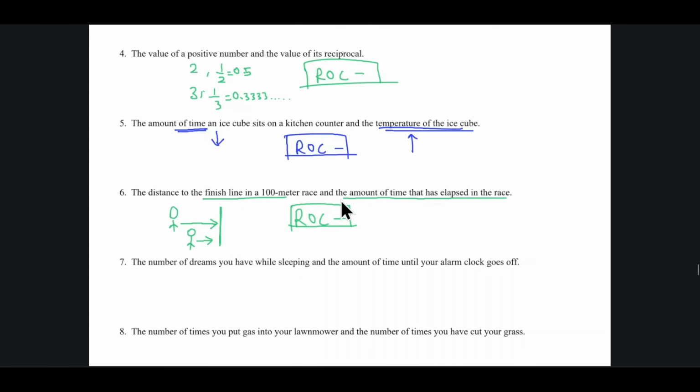The number of dreams you have while sleeping and the amount of time until your alarm clock goes off. It makes sense that you will most likely have more dreams if you're sleeping more.